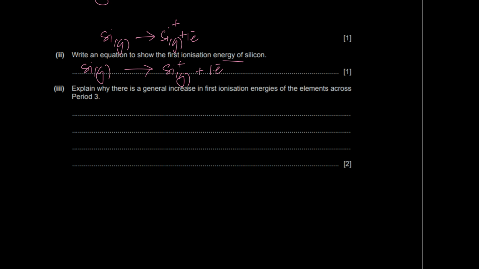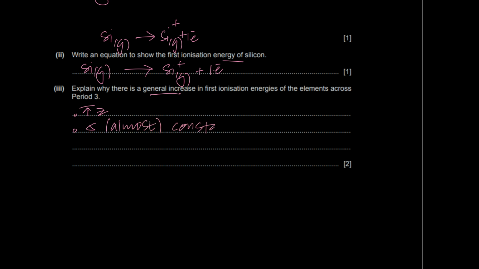Explain why there's a general increase. Don't talk about the exceptions. Just tell me why there's a general increase in the first ionization energies of the elements across period 3. There's an increase in nuclear charge, and the shielding is almost constant.